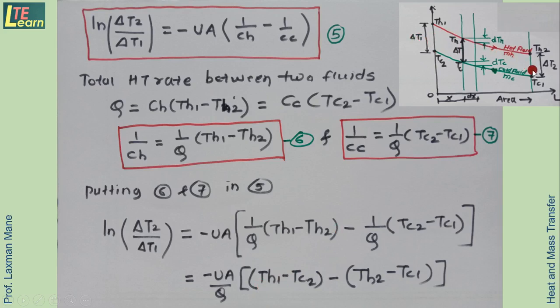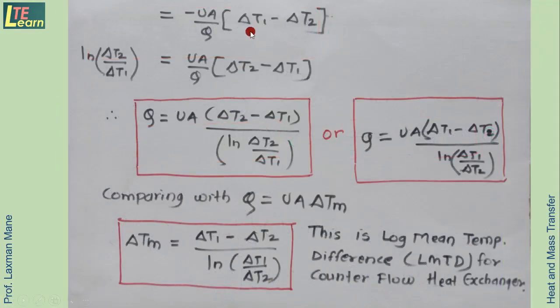Similarly, at the outlet this is Th2, the exit temperature of the hot fluid, and this is the inlet temperature of the cold fluid, because this is the counterflow arrangement. So this is the exit of the hot fluid, this is the inlet of the cold fluid. This difference Th2 minus Tc1 is actually delta T2. So in the further slide, for these two brackets, what will come? Delta T1 here, and delta T2 here.